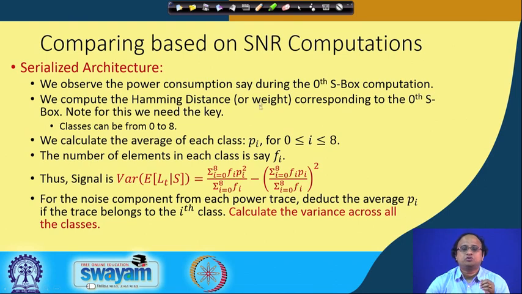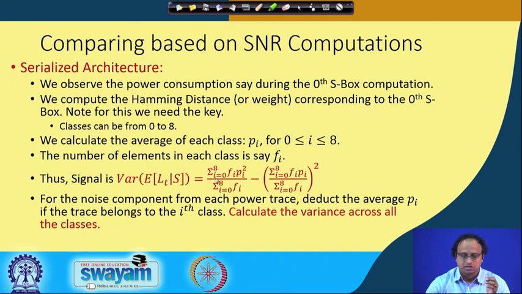Now what we do is calculate the average of each class, which I denote as Pi, and in a particular ith bin the number of values is denoted as Fi. Therefore, the variance of E(L|S) can be found by taking E of x square minus (E of x) whole square.